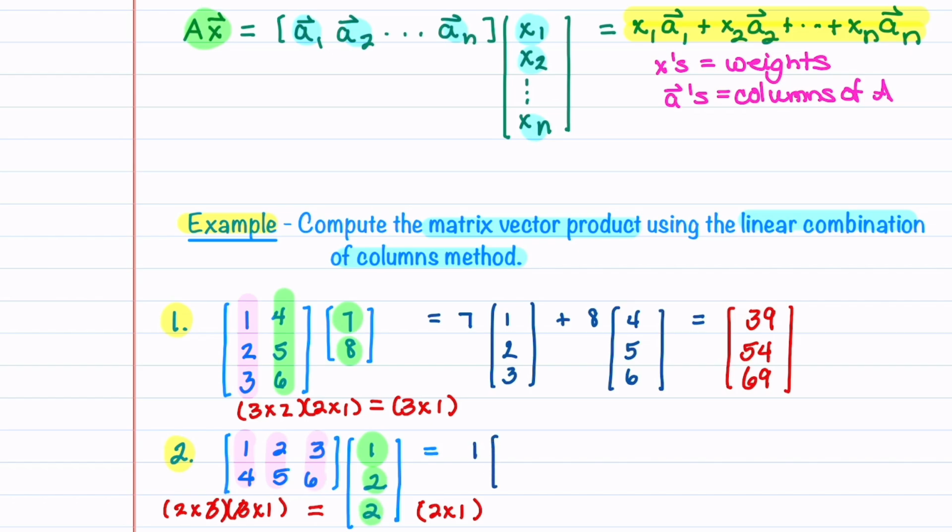This gives us 1 times 1, 4, plus 2 times 2, 5, plus 2 times 3, 6. Our answer is then 11, 26.